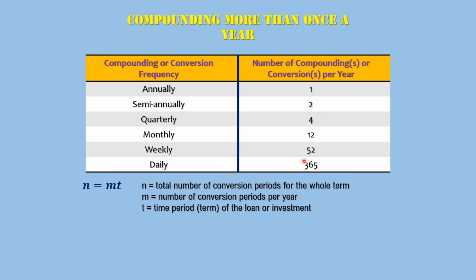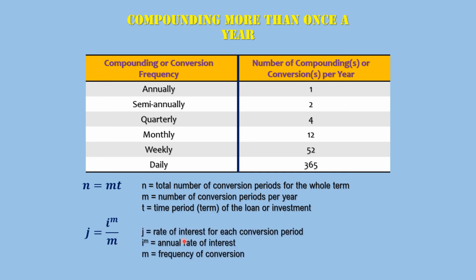And then, ang rate natin, the rate, it will also be changed. Ang rate natin is denoted by J, small letter J, which is equal to I raised to M all over M. Na kung saan, the letter J, it represents the rate of interest for each conversion period. Okay, kasi nga compounded. And then I raised to M is the annual rate of interest.